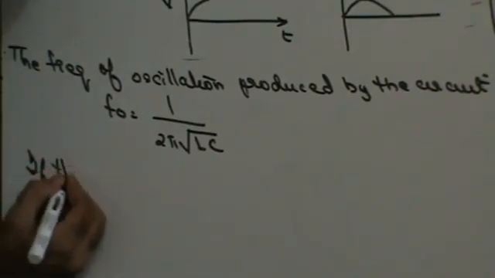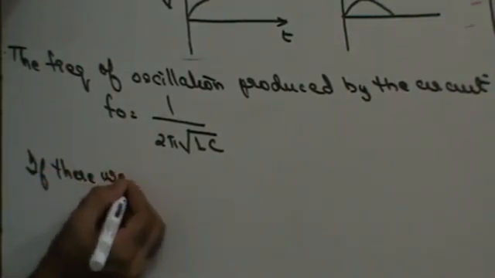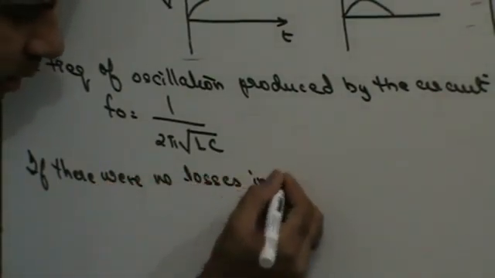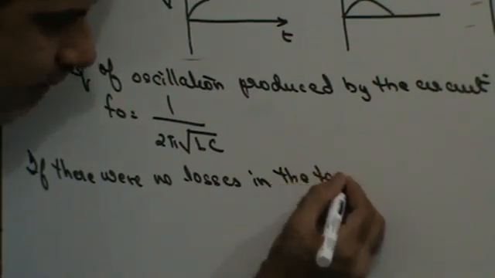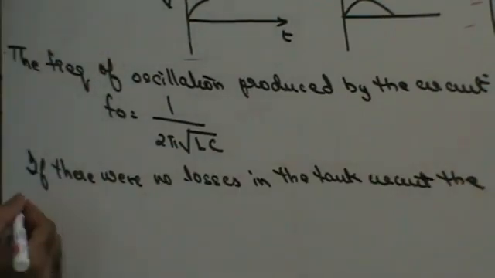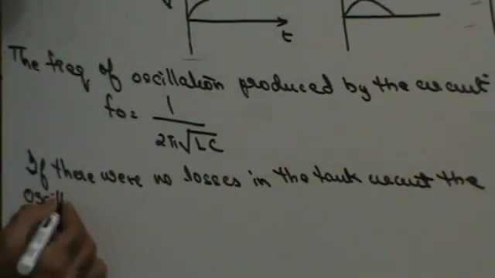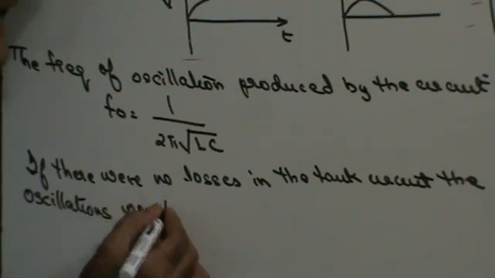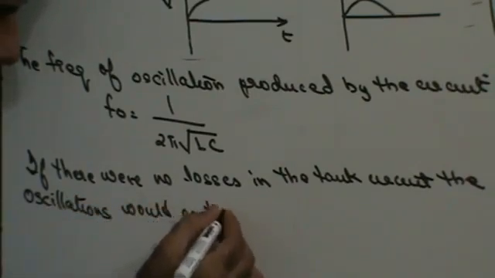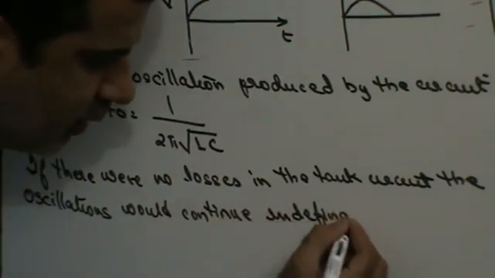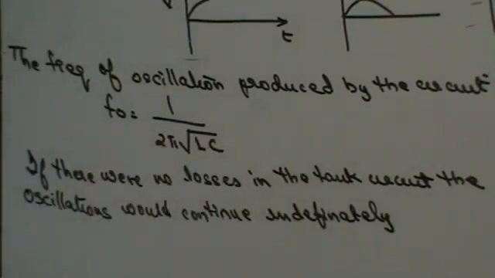If there were no losses in the tank circuit, the oscillations would continue indefinitely.